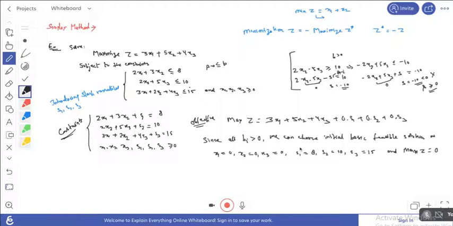Now we solve this problem by using the initial table, and here we directly show how to write your initial table and how to get your initial solution.